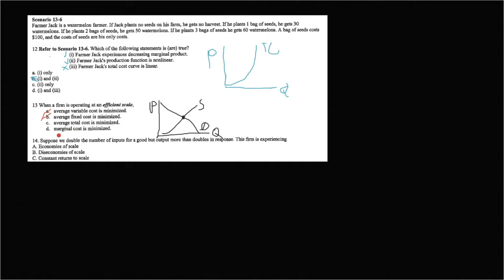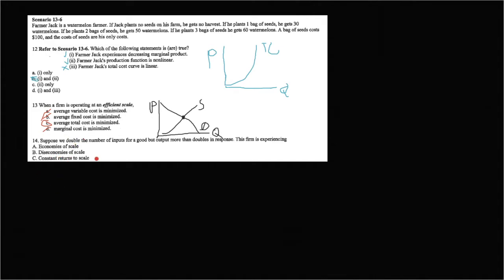Now, if you minimize marginal cost, that's like we go from 1 to here, and our output goes from here to here. That's not necessarily finding this quantity. So average total cost is minimized at the efficient scale.